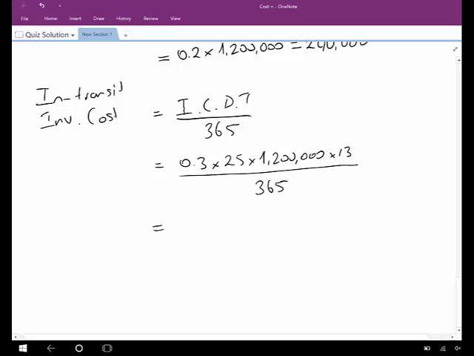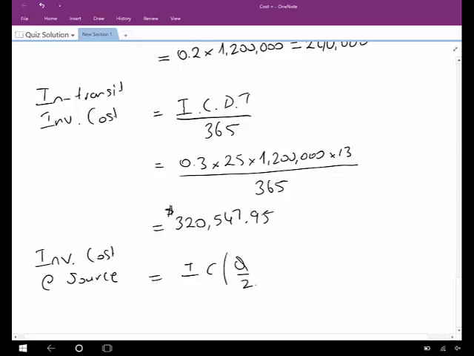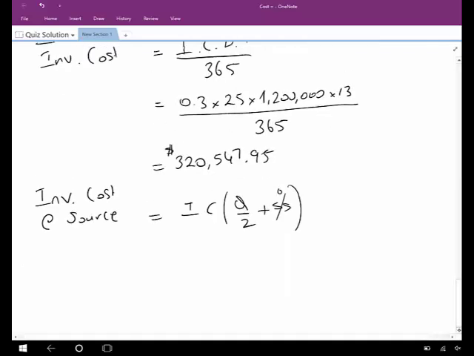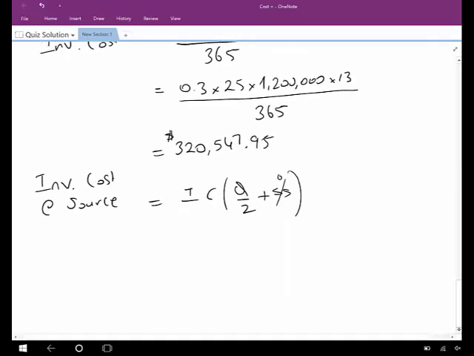That is equal to $320,547.95. Inventory cost at origin or source is again I C Q over 2 plus safety stock, and I'm assuming safety stock is 0 because there is no information on that.